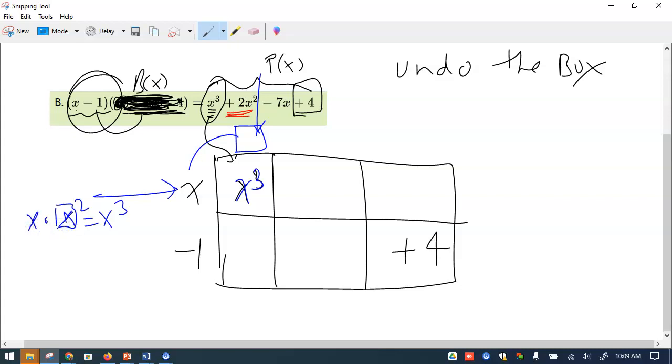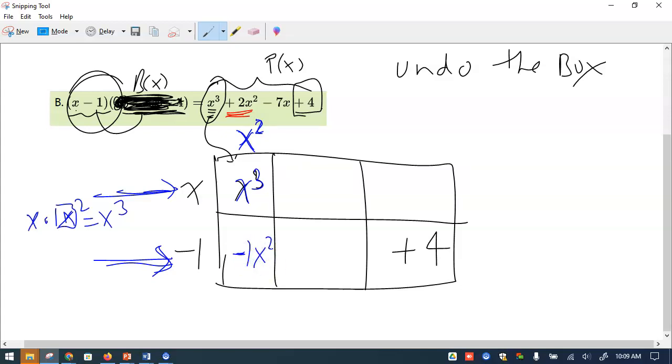Then you use this. So now that we know this answer is x squared, so this is x squared. Now this minus 1, use this x squared which is up here, multiply to the bottom minus 1. So that means you get minus 1 x squared.